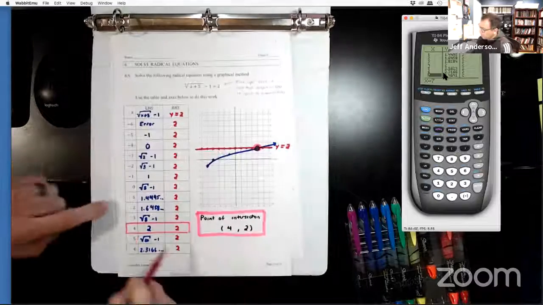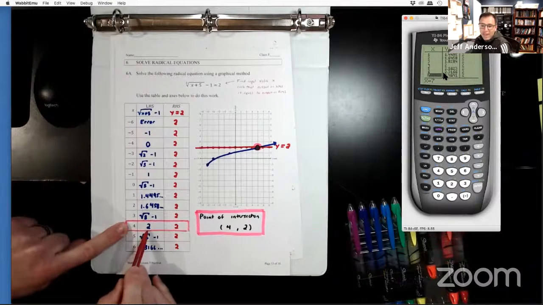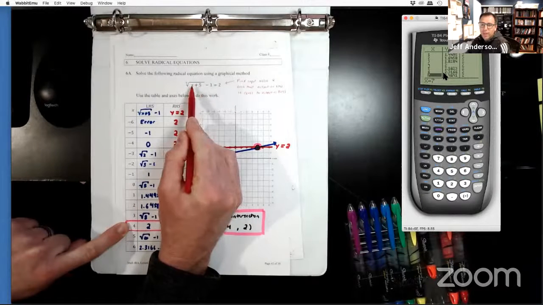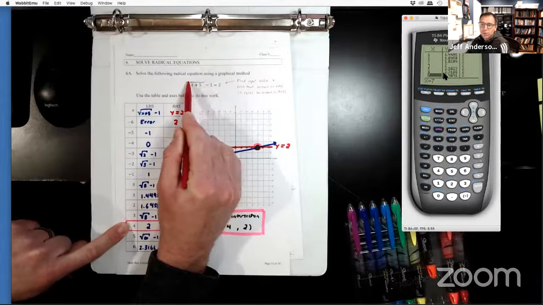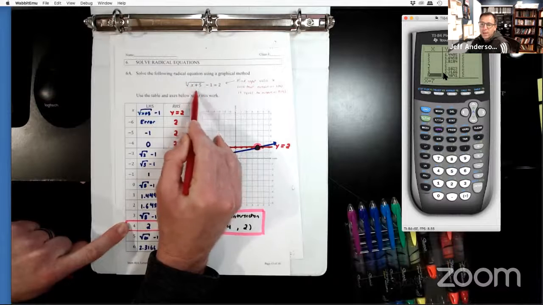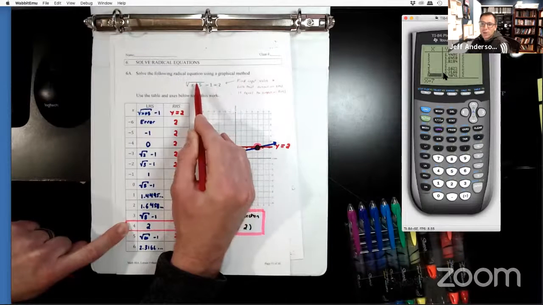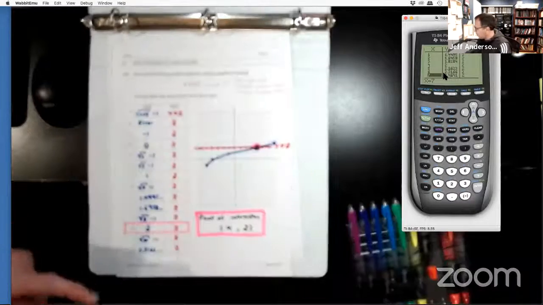So we'll check this out. If my input is 4, my output on the left-hand side is 2. If I put in positive 4, 4 plus 5 is 9, square root of 9 is 3, 3 minus 1 is 2. Well, x doesn't show up on the right-hand side, so the right-hand side is always 2. Indeed, 2 equals 2, and that's why we say we have a solution.